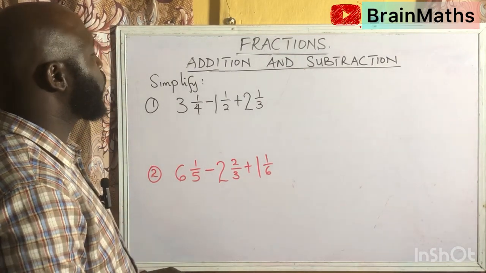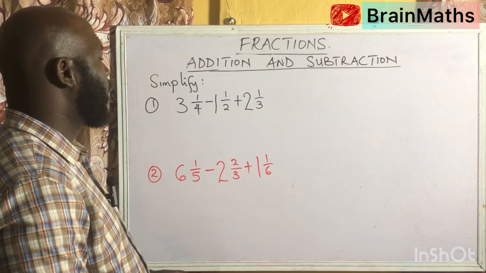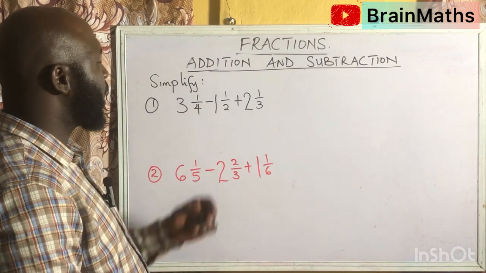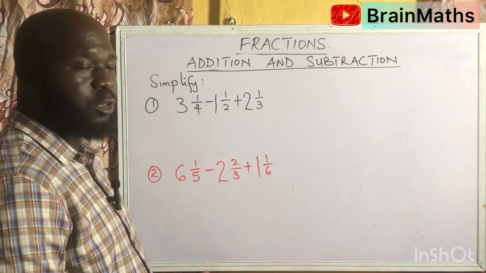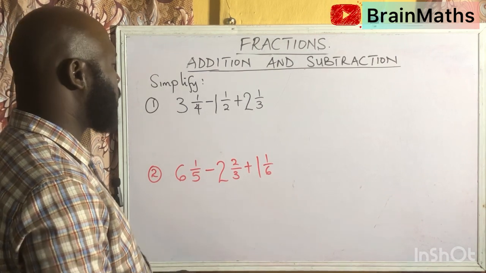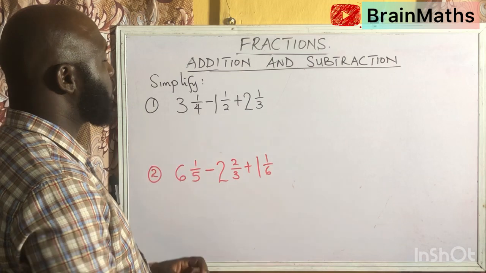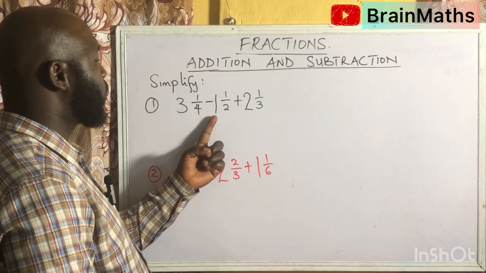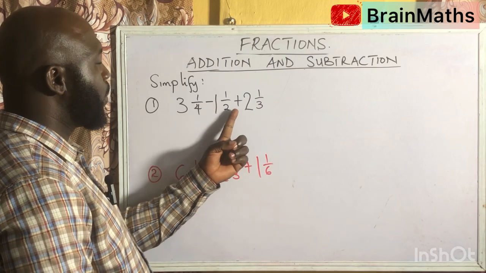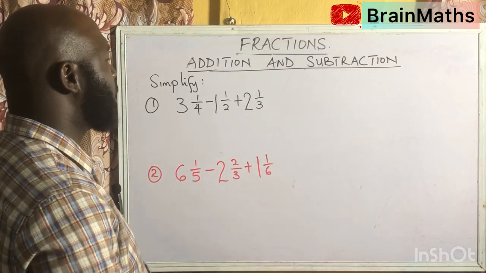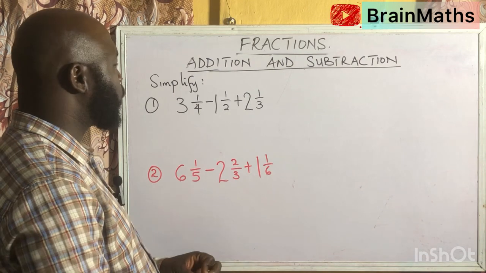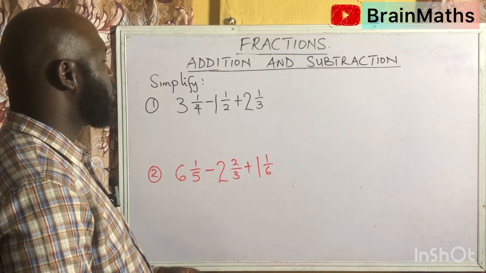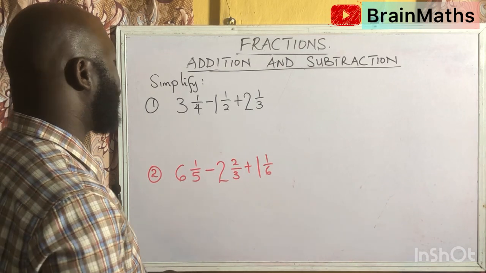Here, we want to look at a possible way to solve addition and subtraction of fractions all in one question. Looking at question number 1, we have 3 and 1 over 4 minus 1 and 1 over 2 plus 2 and 1 over 3. The first thing we are expected to do here is to take these fractions back to their improper form.